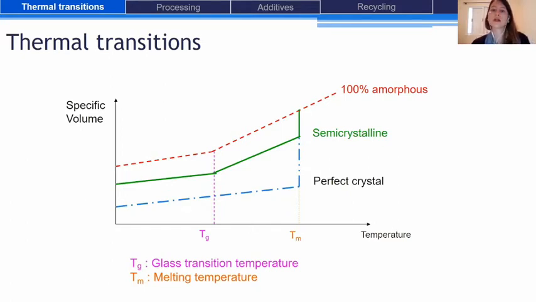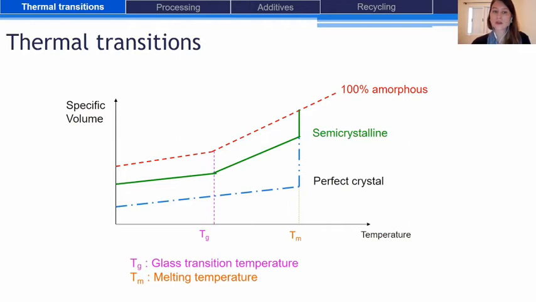To summarize, above the melting temperature, all of these materials will be 100% amorphous, so all of them will have the same specific volume. This specific volume is explained by the volume occupied by the atoms of the polymer, and also by a free volume between the chains.